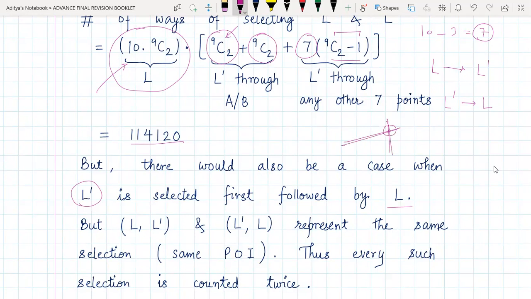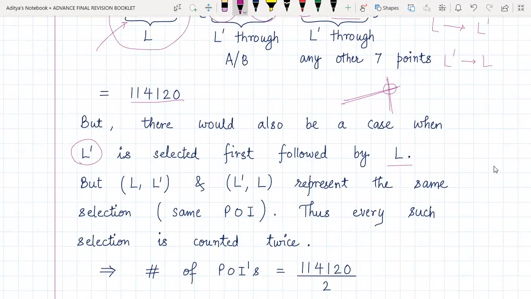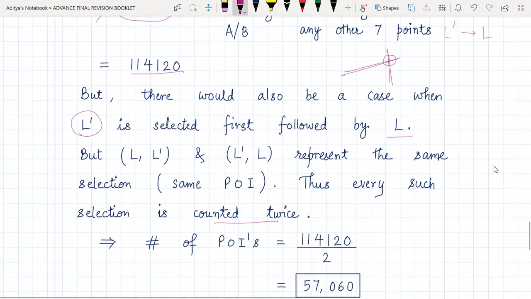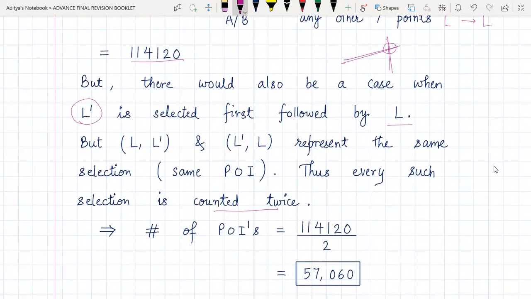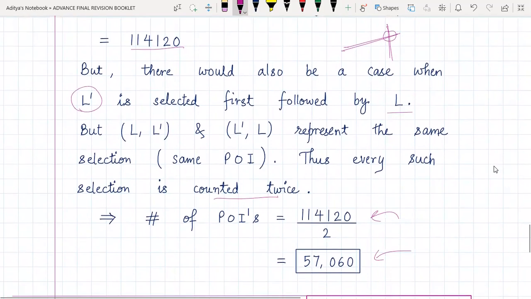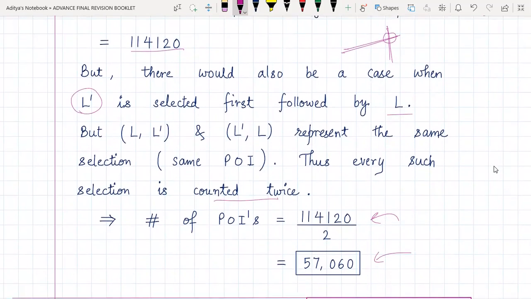So every such selection has been counted twice. So the number of points of intersection would actually be 114120 divided by 2, which gives us the final answer as 57,060. So quite a brilliant problem, I would say, and quite time consuming as well.